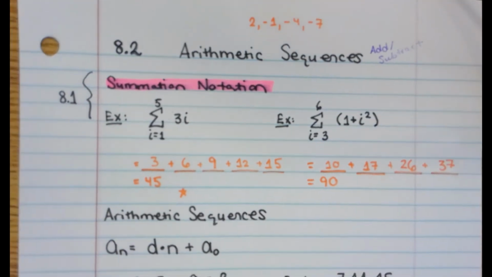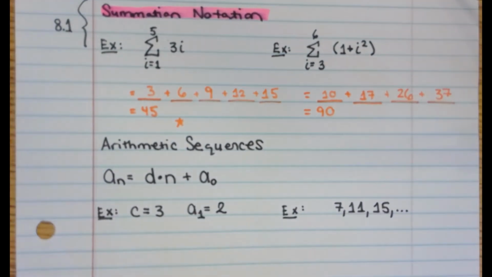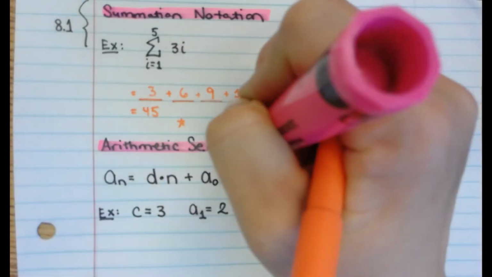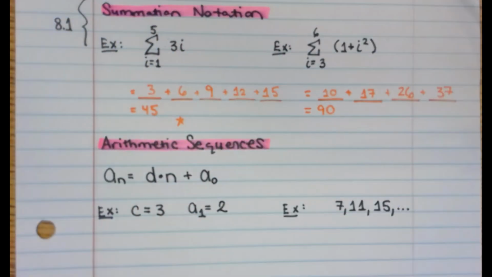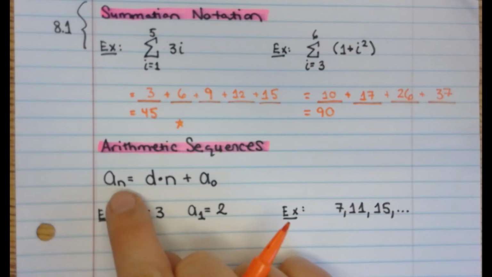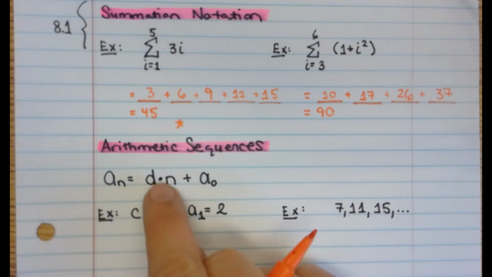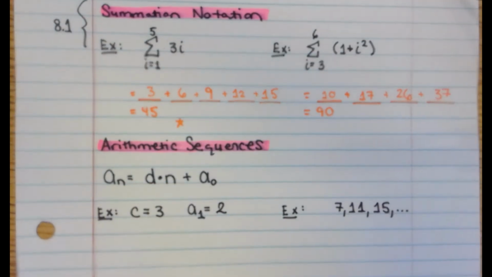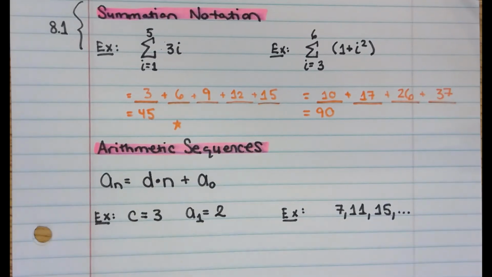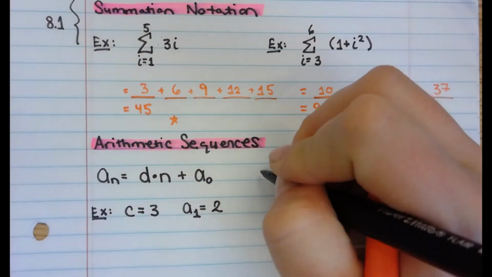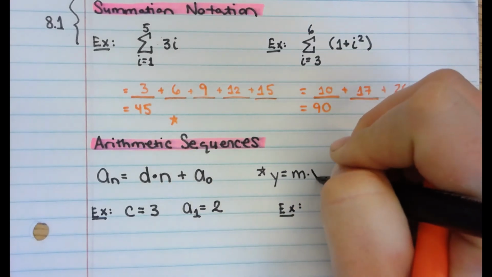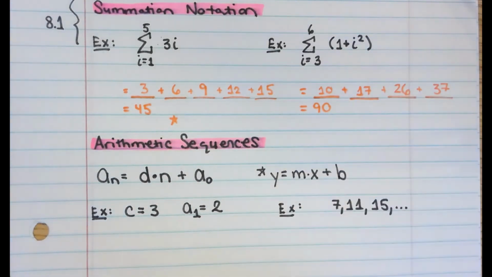All right, moving on. We are now going to talk about arithmetic sequences. I'm going to use the language of arithmetic sequences: a_n equals d times n plus a sub 0. That's better. I would also like for you to note that is exactly the same as mx plus b.